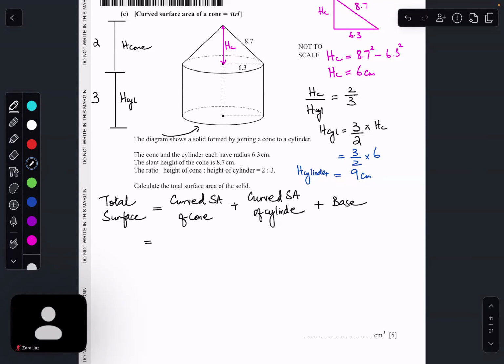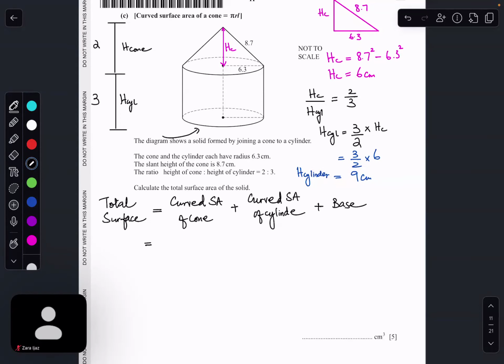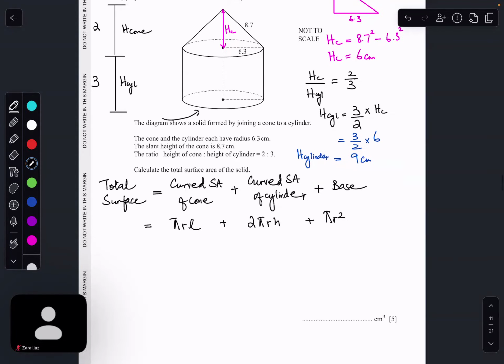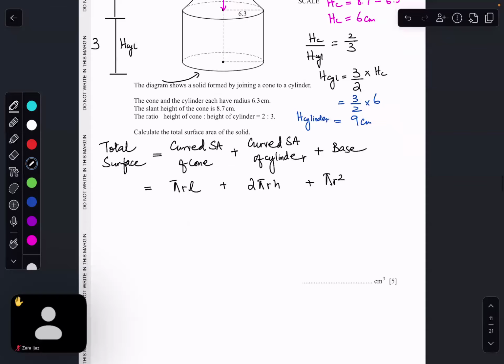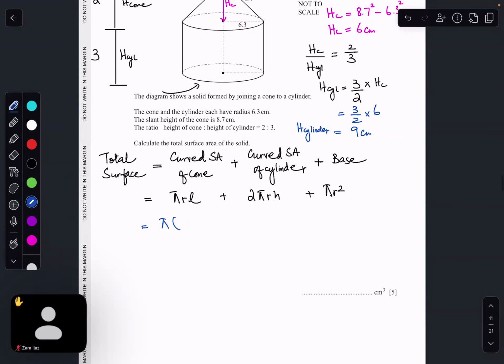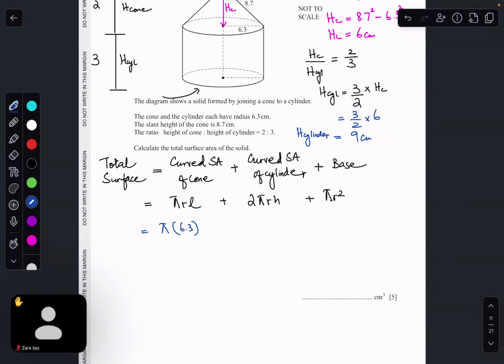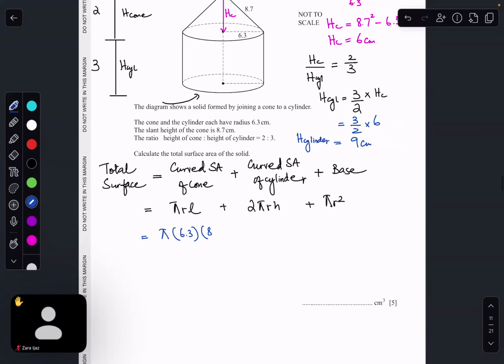Total surface area of cone, curved surface area of cone, sorry, pi RL, plus the curved surface area of cylinder, we have 2 pi RH, and plus the base, which is pi r square. You find the areas of all of these, right? Just plug in the values. We have the radius 6.3, we have the slant height, which is 8.7.